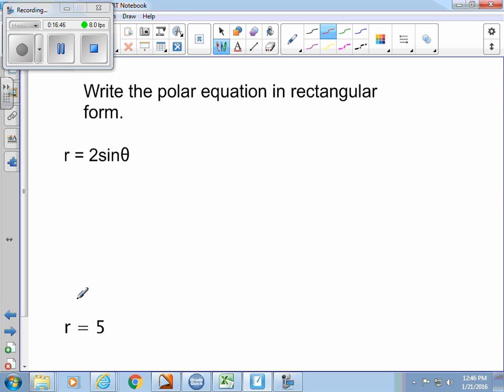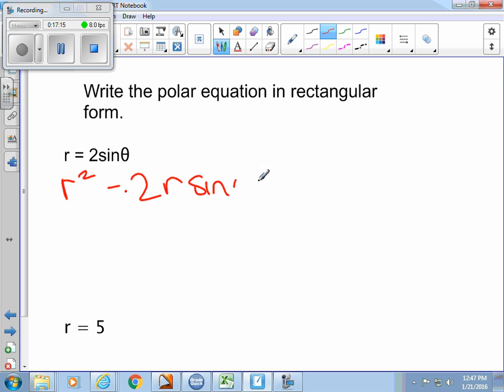Okay, polar equation in rectangular form. I could replace r with some nasty square root if I wanted to, then I still have the sine there. So I'm trying to figure out a way to get rid of both of those at the same time. As you know, with any equation, you can do anything you want to both sides, right? I like the idea of multiplying both sides by r.